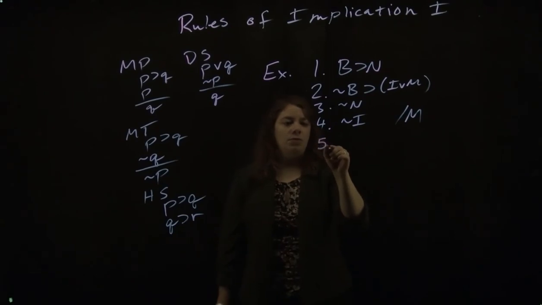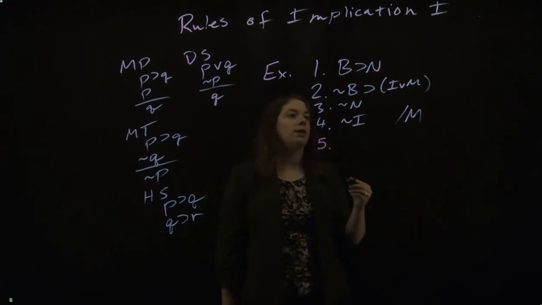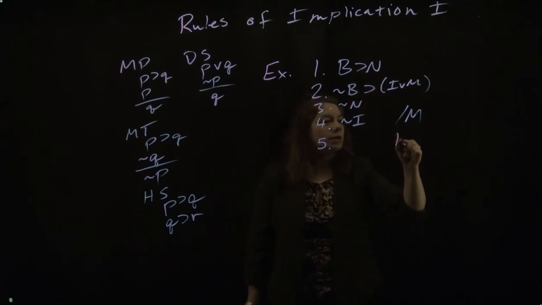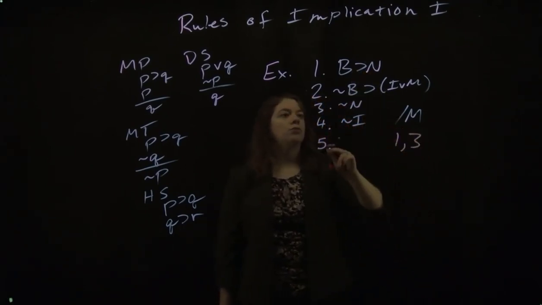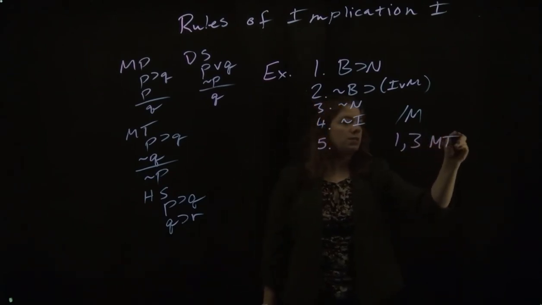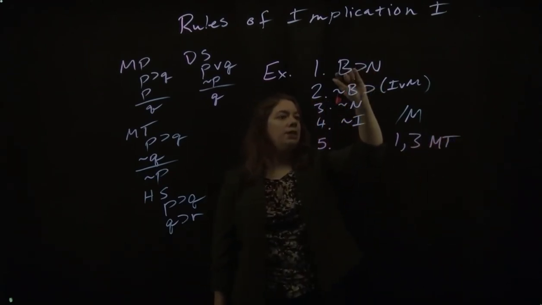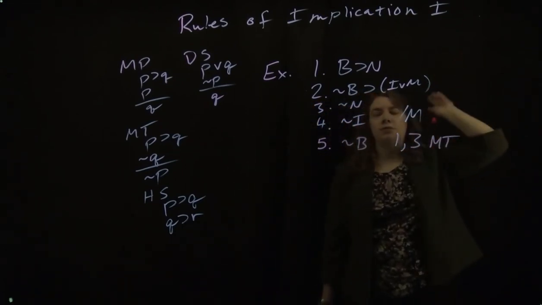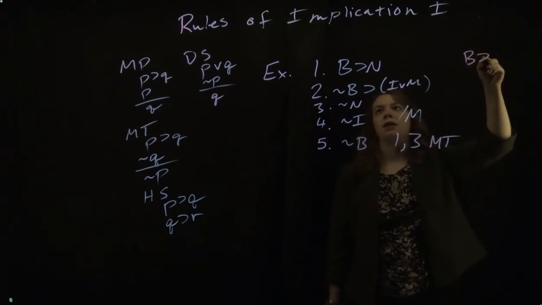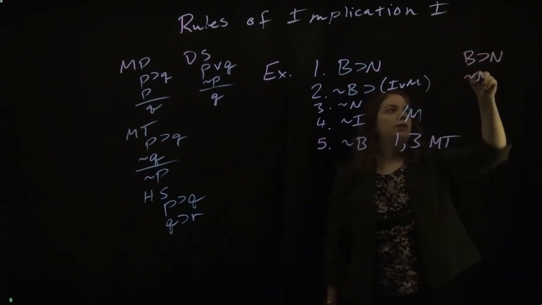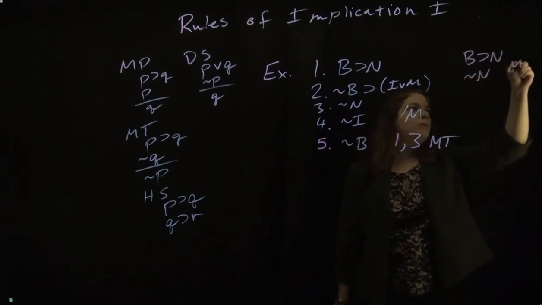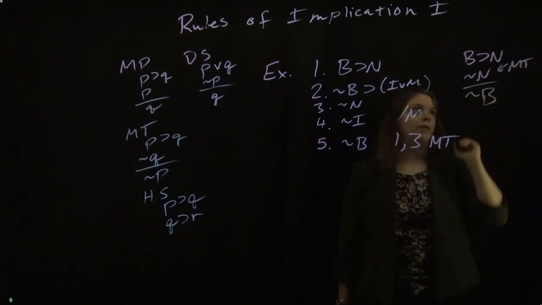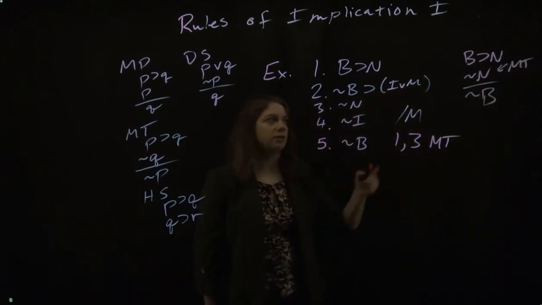So what we will do is add our next step, and we will say, by lines 1 and 3, if you use the rule modus tollens, MT, you can derive not B, right? Essentially, if you think about this visually, off to the side, you're picking those 2 lines out, saying, here we are, if you use modus tollens here, you're going to get your not B. That's what you're doing mentally in this procedure.